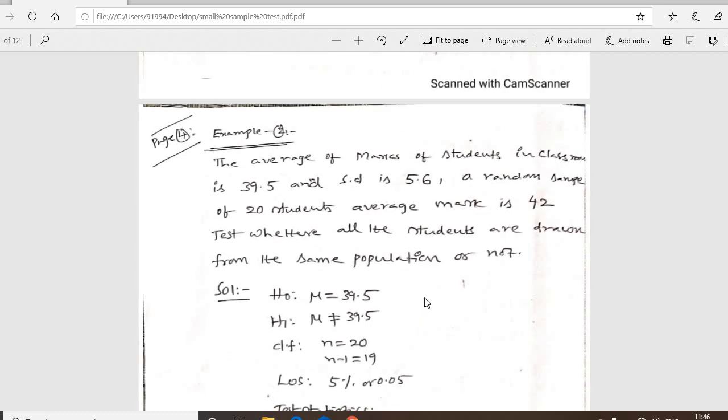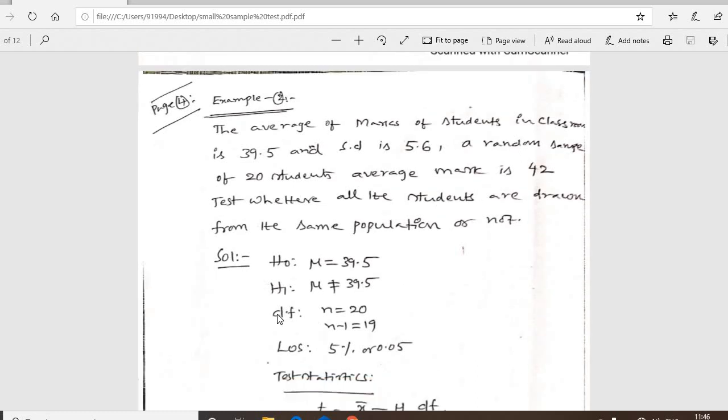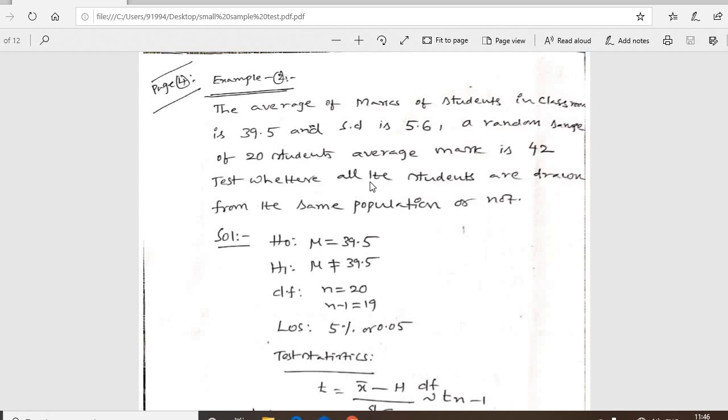Here the sample size is less than 30, so we can apply the t-test. The sample and population mean are given, so we define our null hypothesis mu equal to 39.5 and alternate hypothesis mu not equal to 39.5. So this is the average of the class marks, 39.5.